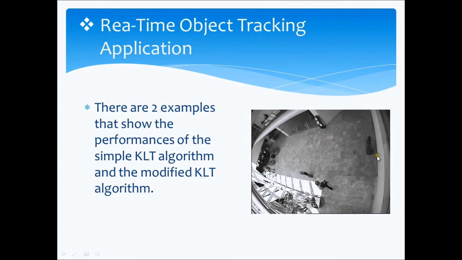This is one of the input image frames. We can see it is a two-dimensional grayscale image, and there are different lighting conditions. In this project, there are two examples that show the performance of the simple KLT and the modified KLT.